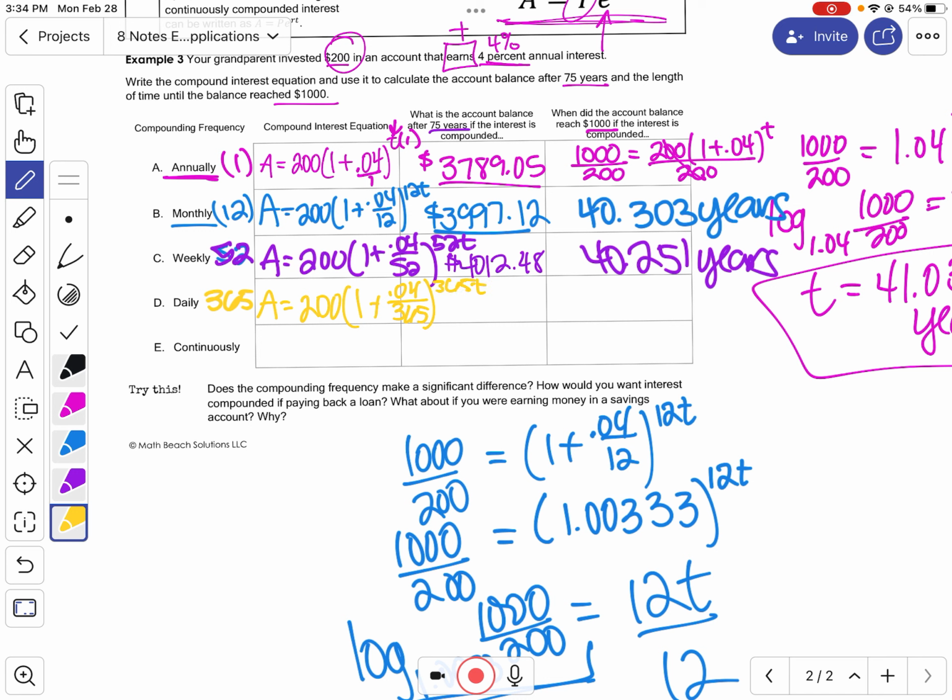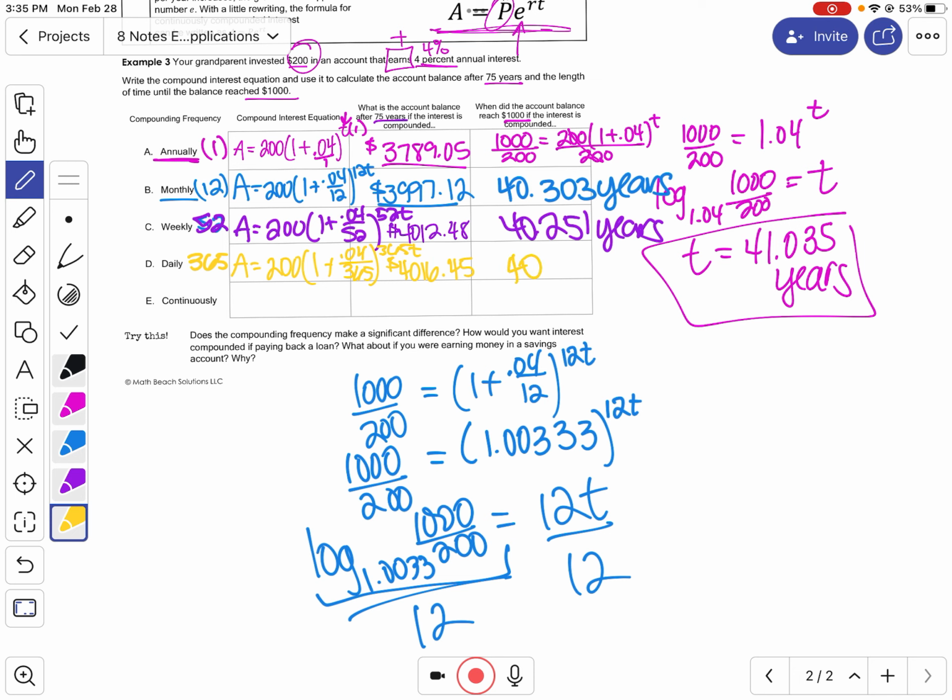When you replace your t with 75, you should get $4,016.45. And then you're having to solve it again. So if you want to pause it and solve it and then check it, you should get 40.238 years.